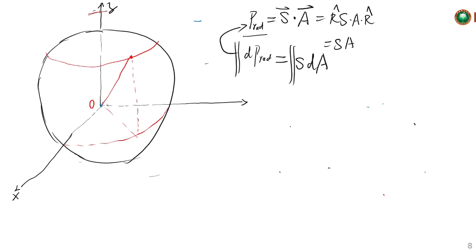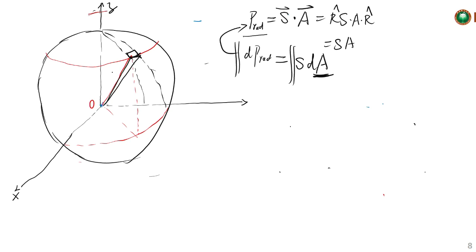So first we choose a small area on this part, along the zenith angle region and the azimuth region.